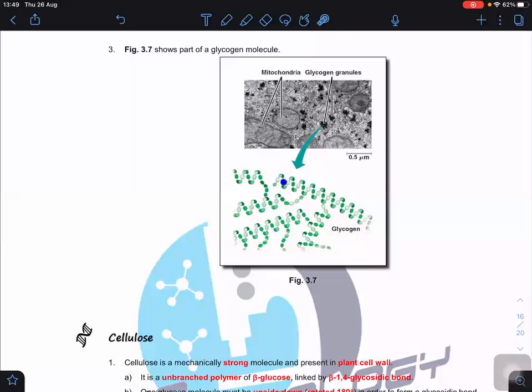But the straight one continues like this. The unbranched chain, those glucose molecules, are joined by alpha 1,4 glycosidic bonds. Okay, so with this, I've done this part on polysaccharides. We have settled starch and glycogen.